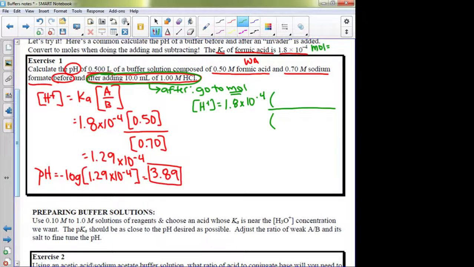Moles is molarity times the volume. So what did I start with? I started with 0.5 liters of my formic acid. So to get my original moles of acid, I do 0.5 times 0.5 and I get 0.25 moles, right? So how many moles of the base did I originally start with? I started with 0.7 molar, still with 0.5 liters, so 0.5 times 0.7 is 0.35.